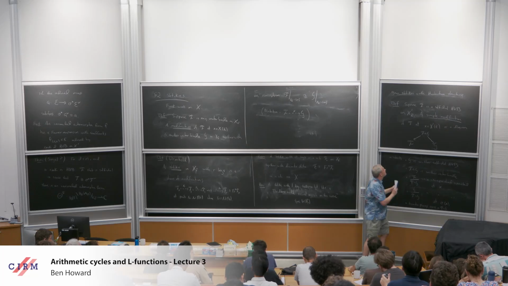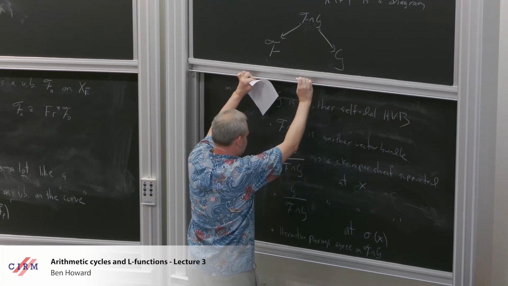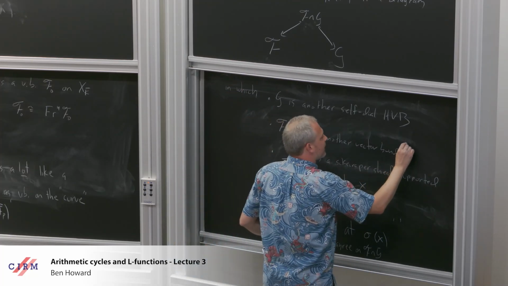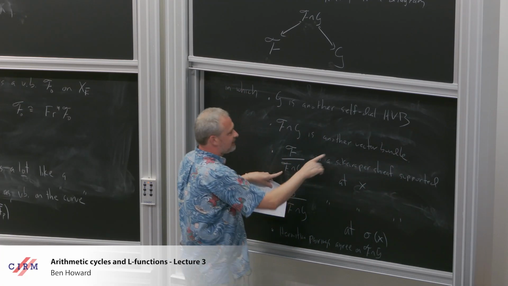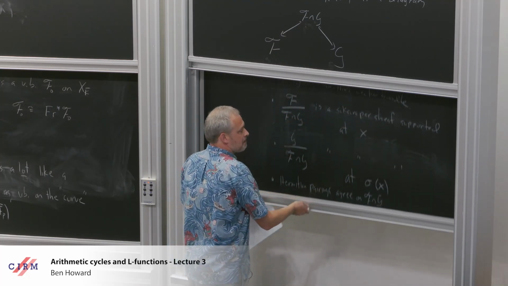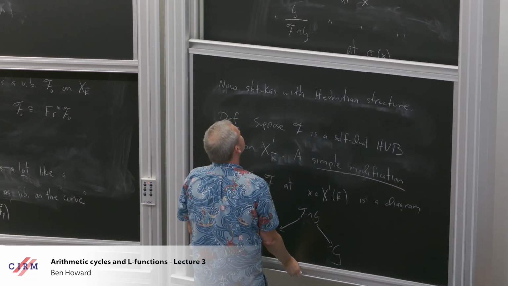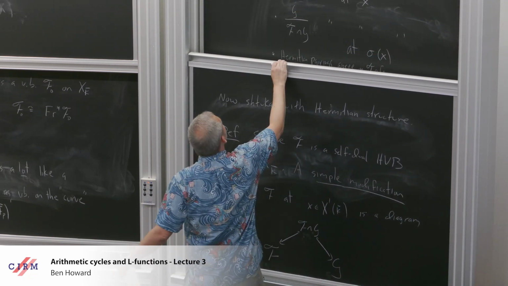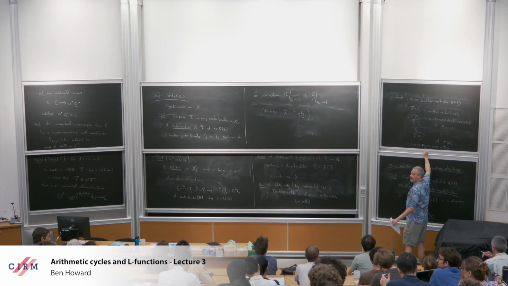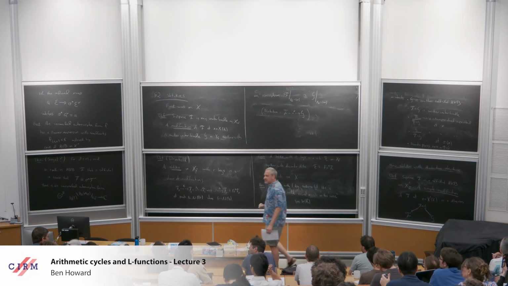Yes, of the same rank. That's forced. It has the same rank as F and G because the quotients are skyscraper sheaves. Copy of T-bar. Yeah, exactly. Yes.